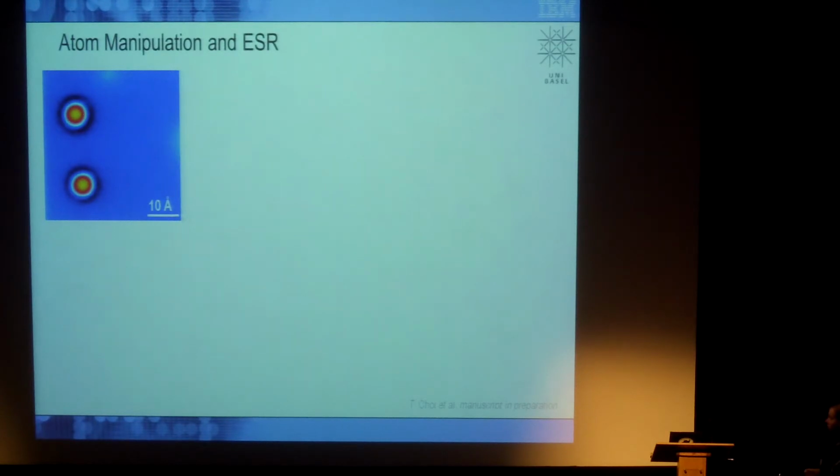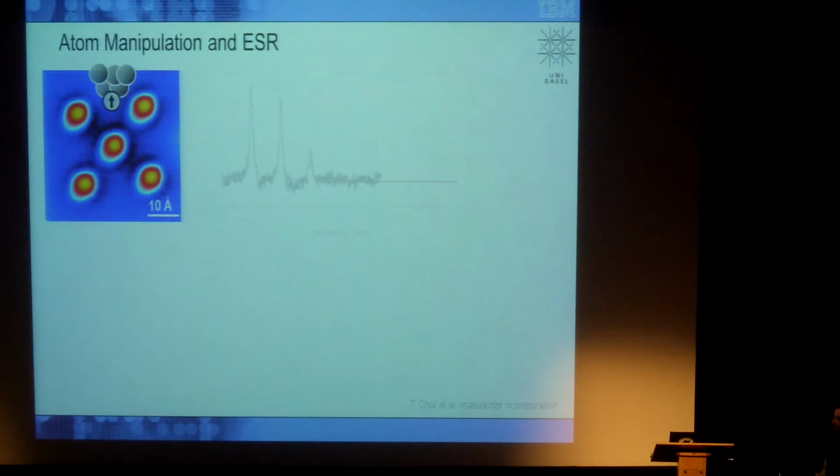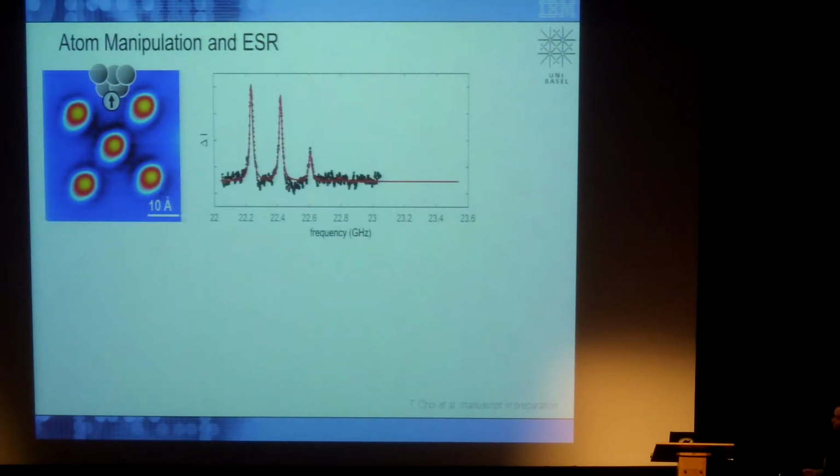For example, here, Taeyong built this really nice structure of just arranging 5 atoms, and I'm probing the center atom, which gives a really nice ESR spectrum, where the first peak is when all the neighboring atoms are in their ground state. Now the second peak arises because one of the 4 atoms around it is in an excited state.